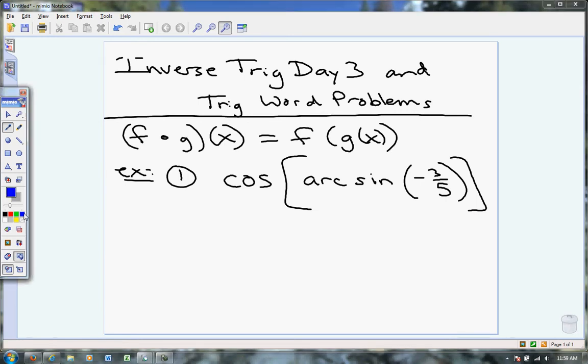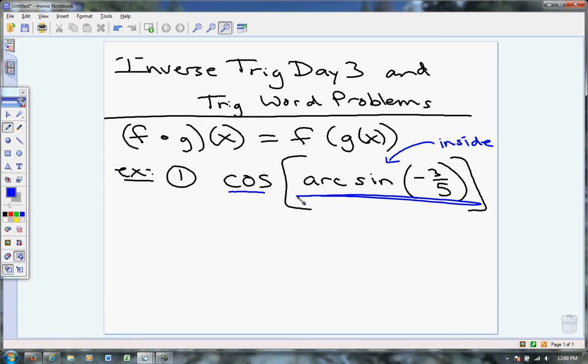And what we want to do is start inside. In other words, just ignore what's outside for right now. Let's just pretend that the cosine on the outside is not there. Let's only work with the inside.